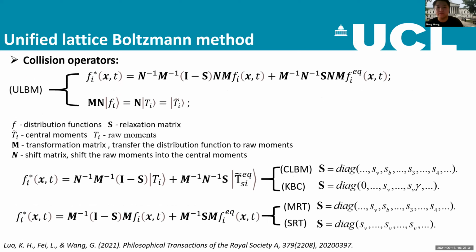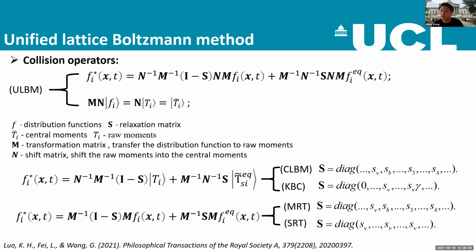The key power of the flexibility in ULBM comes from three different matrices, which are the transformation matrix M, the shift matrix N, as well as the relaxation matrix S. The transformation matrix is used to transfer the distribution function to raw moments. The shift matrix N is used to shift the raw moments into central moments.